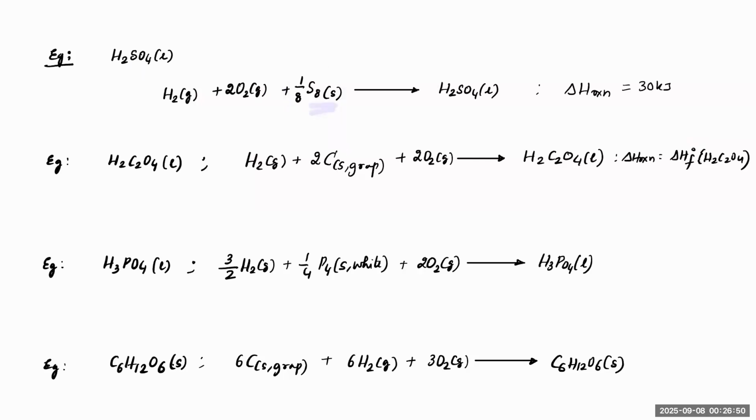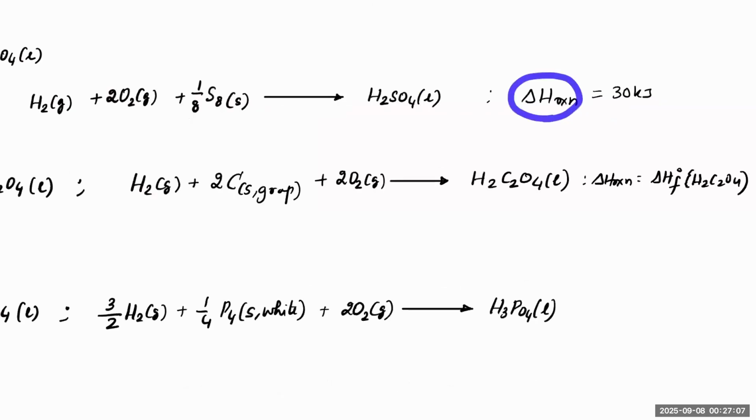When you combine these and you report 1 mole of H2SO4, not multiple moles, only 1 mole, then the delta H of the reaction will be the same as delta H of formation of H2SO4 liquid.